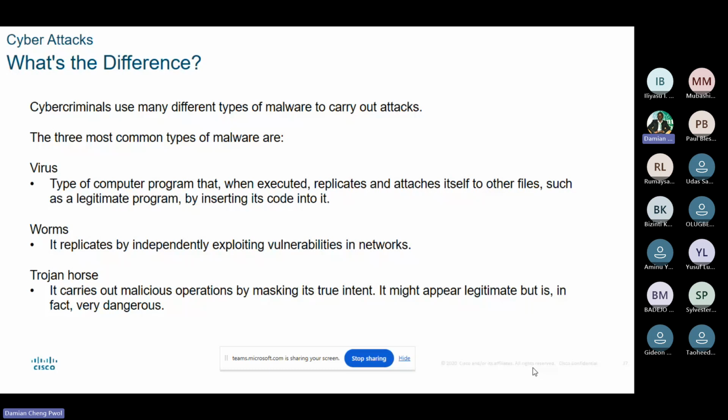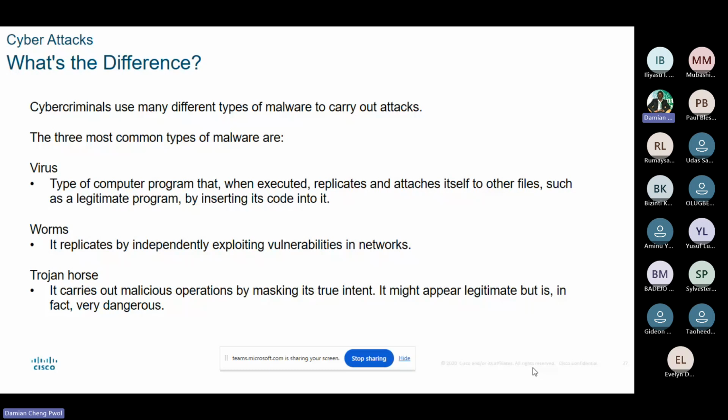You could have a virus attached to picture files, or attached to your email. You can have a virus attached to other forms of files within your Windows, and even your Linux operating system, and Mac operating system. So you can have different kinds of viruses attaching to these.